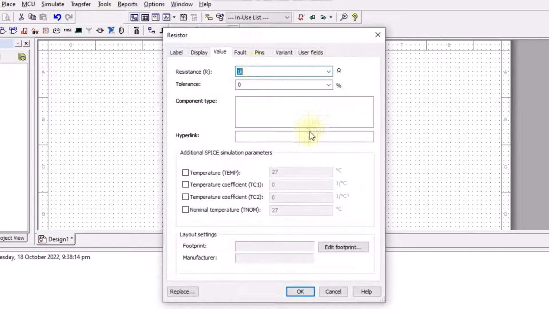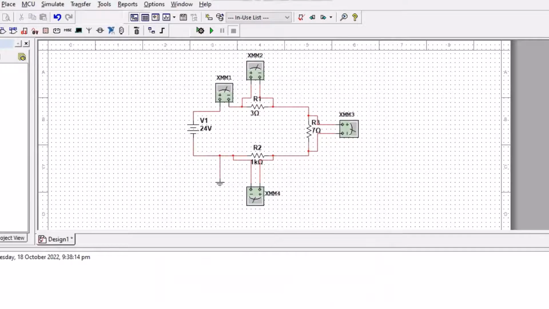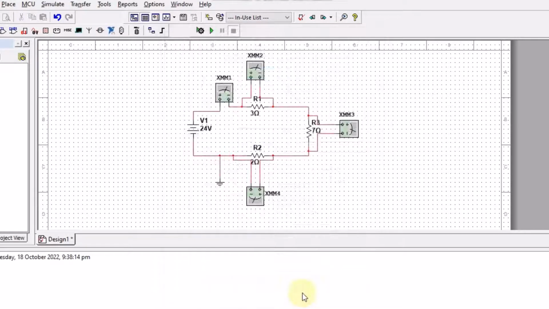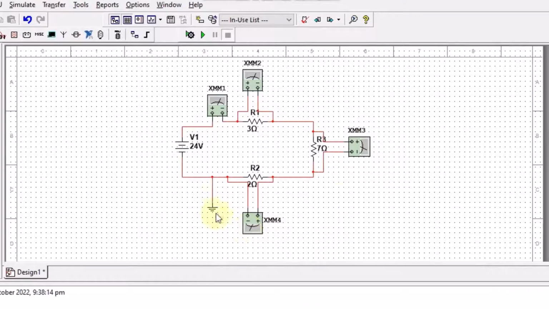This is 7 ohm, writing it 7, and the last one here is the 2 ohm resistor. Now press OK. The circuit we have is the same circuit we previously analyzed manually.